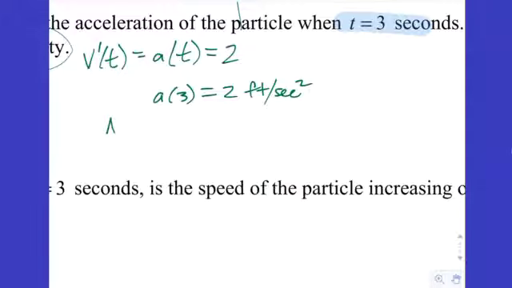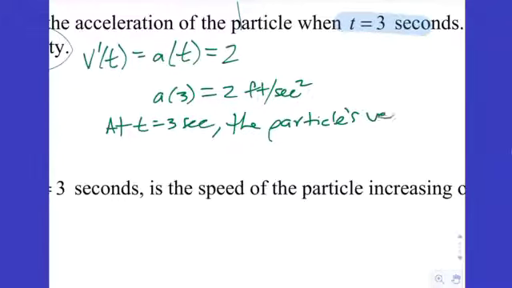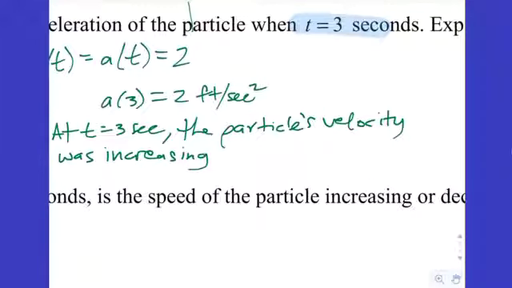So here's what you'll say. At t equals 3 seconds, the particle's velocity was increasing. And so here's the sentence writing again. Because I'm interpreting in terms of the previous function, I'm going to say increasing by 2 feet per second each second.